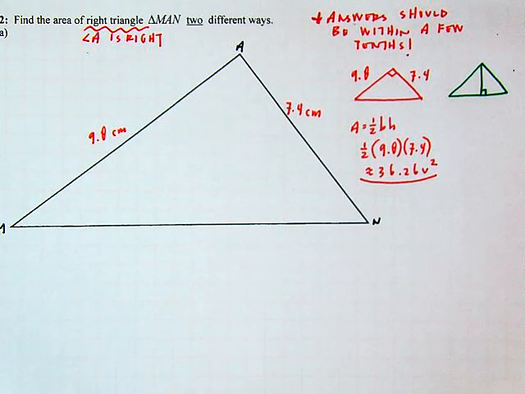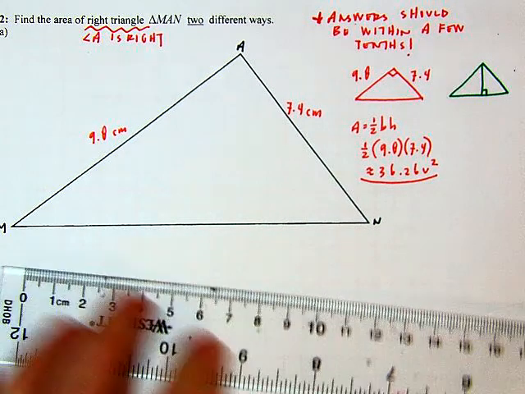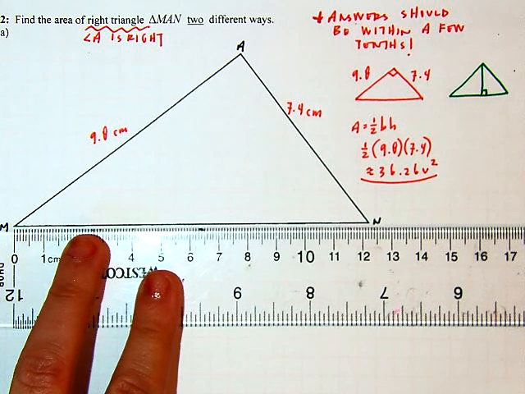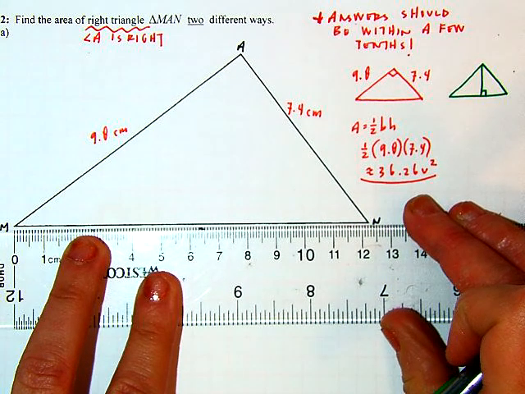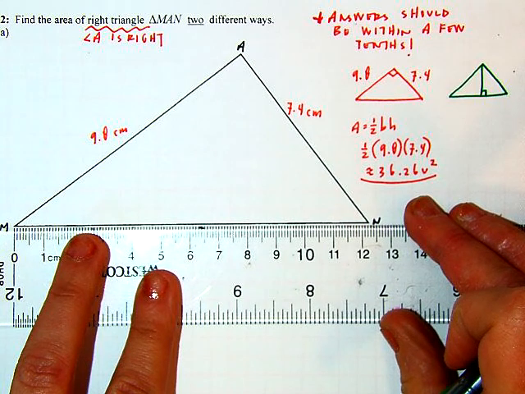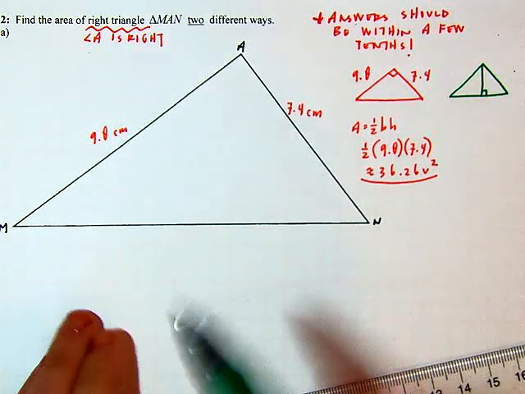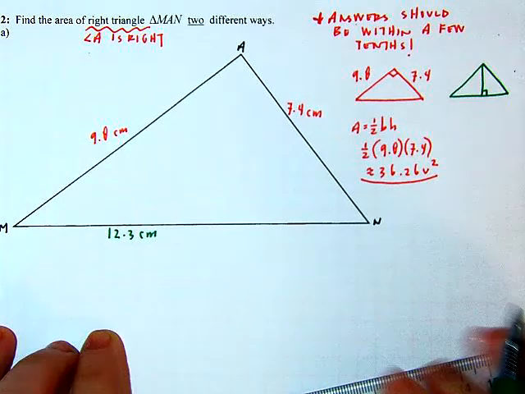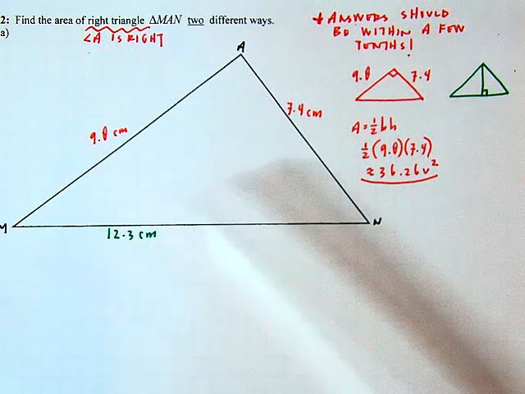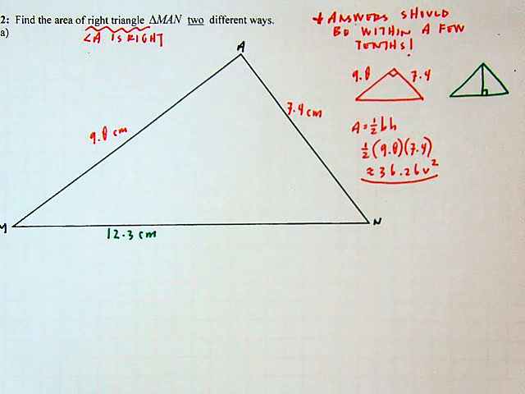So first, what is the measure of MN? I take my ruler, line it up as closely as possible, and I would say that is 12.3 centimeters.